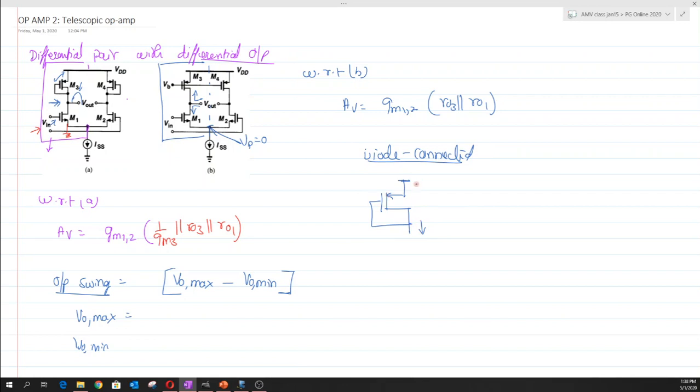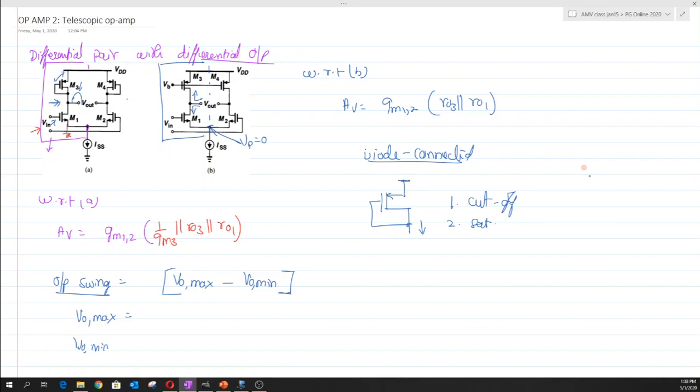Those two regions of operation are basically the cutoff and the saturation.